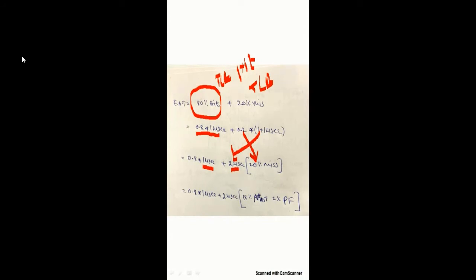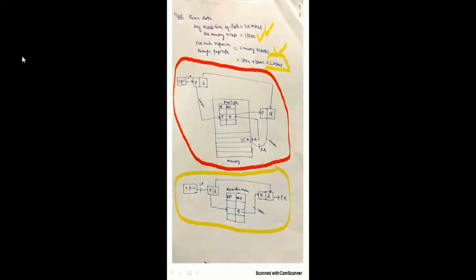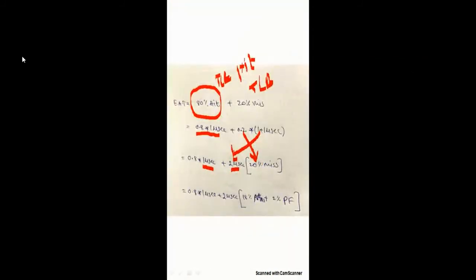But here again, you see the problem. He has told that 10% or 2% of the total causes page faults. So again, I told there are 3 scenarios, right? First scenario, TLB hit. We did this. Second scenario, TLB miss.